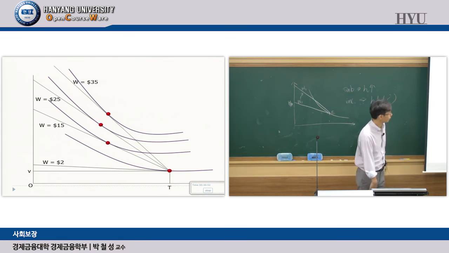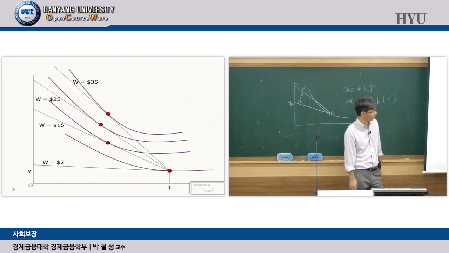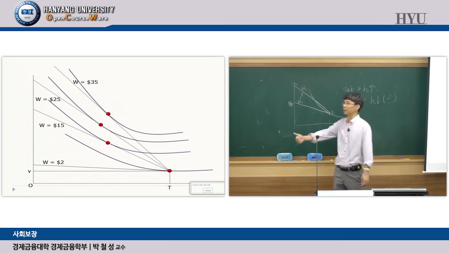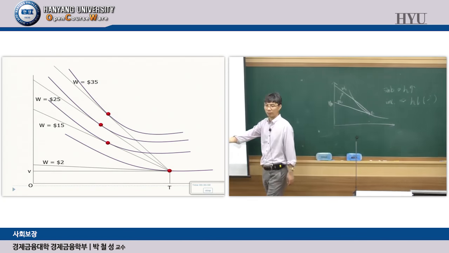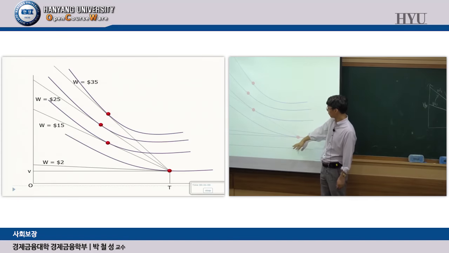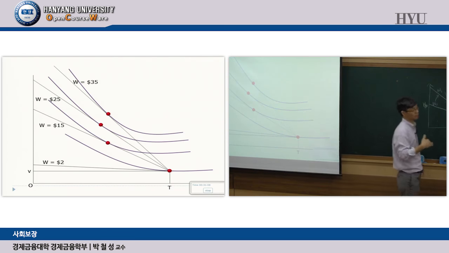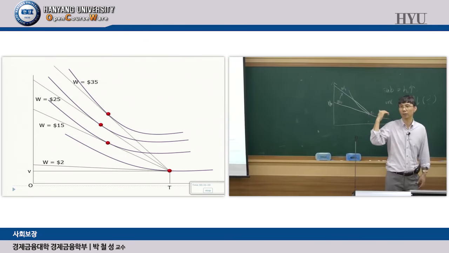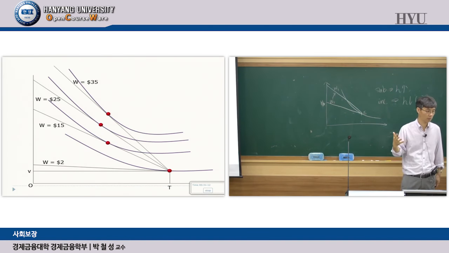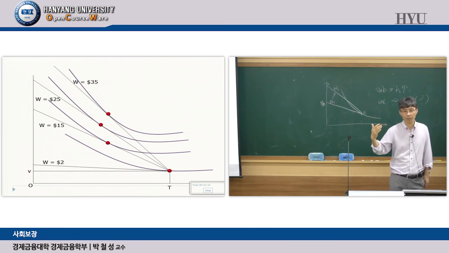So if we understand how individuals determine whether they work or not and how many hours to work, then we can show, for each wage rate, how many hours this person is going to work. If the wage rate is below the reservation wage, then the number of hours working is 0, because this person is not going to work. Then when the wage goes up, depending on the substitution and income effects, it may increase or decrease.